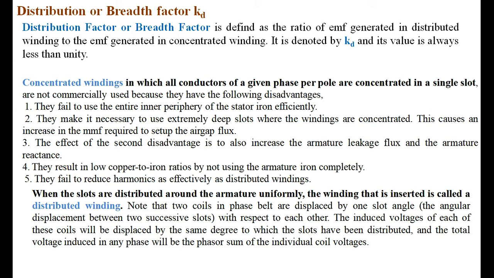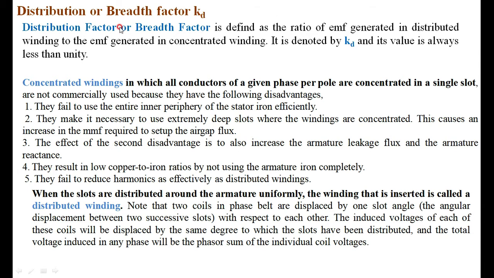That is, in the concentrated winding, all the conductors or coil sides are bunched together and placed under each pole in one particular slot. That is what we call concentrated winding. If the conductors of a particular phase under each pole are distributed in different slots, then it becomes a distributed winding.